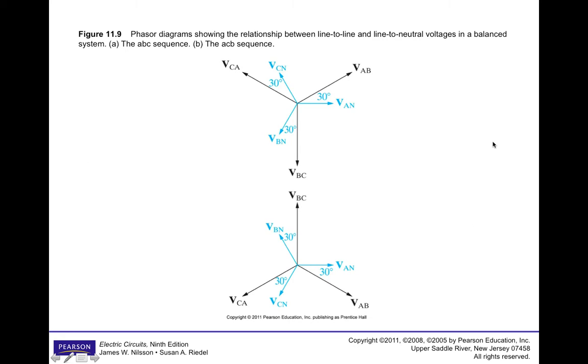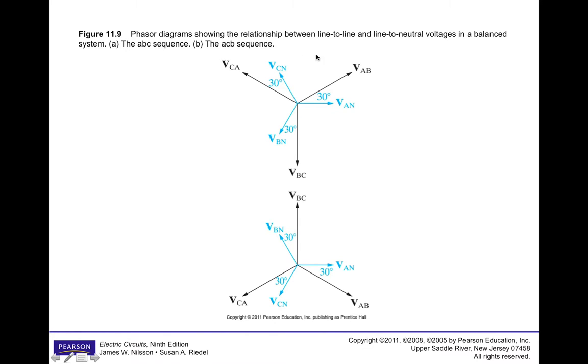Now if we look at a figure that illustrates the relationships here, you can see here's our phase voltage between the line and the neutral. Then the line-to-line voltages are rotated by a positive 30-degree phase angle, and they basically are of a higher magnitude, higher by the square root of 3.